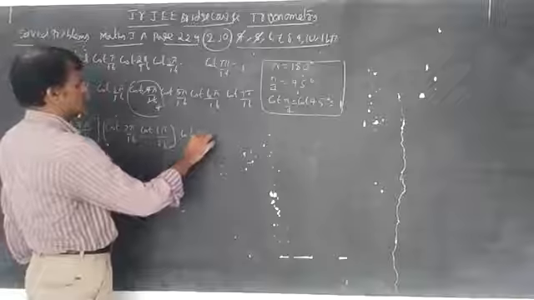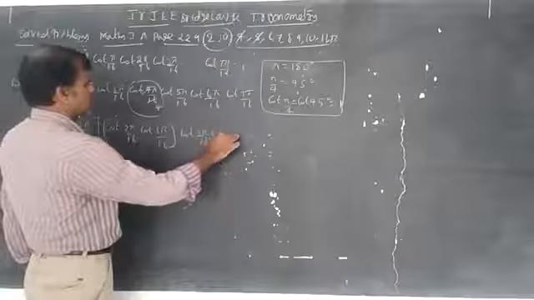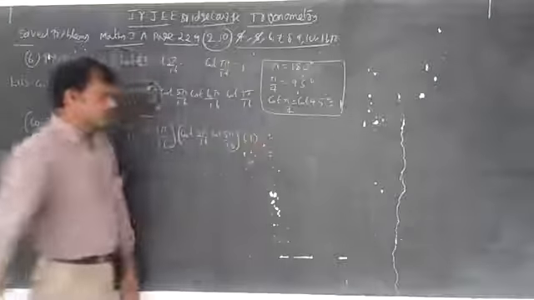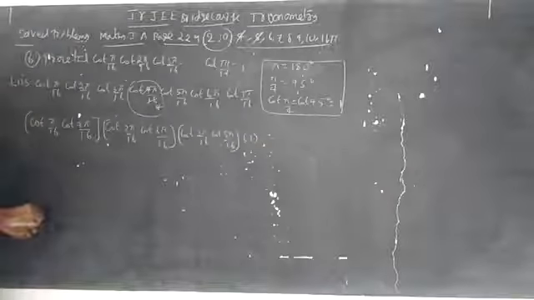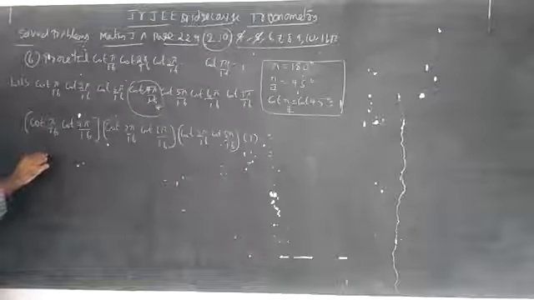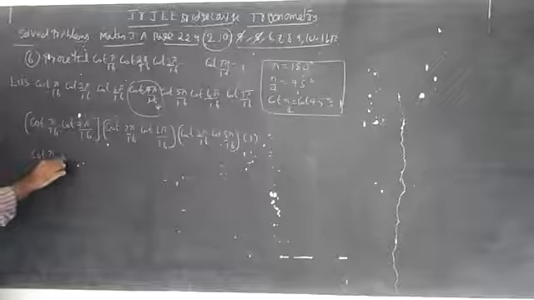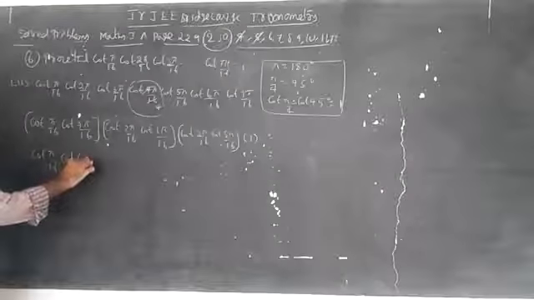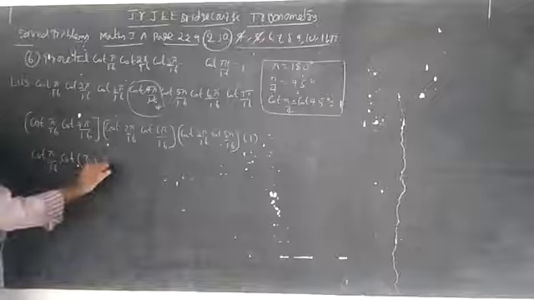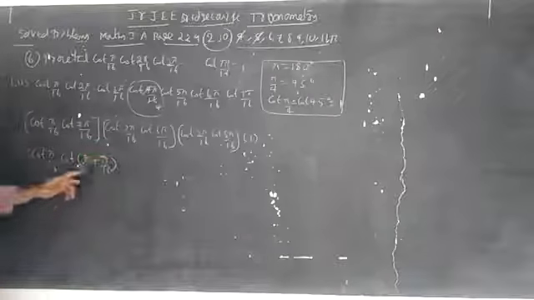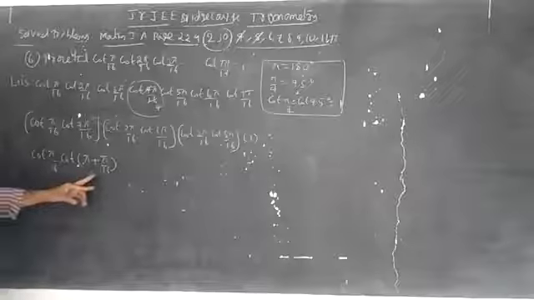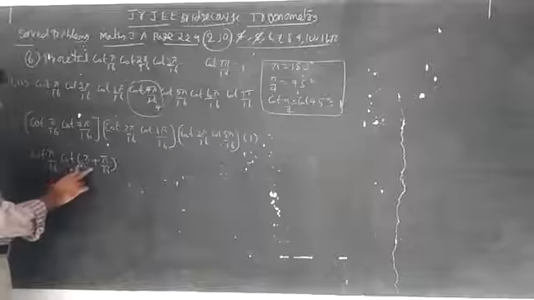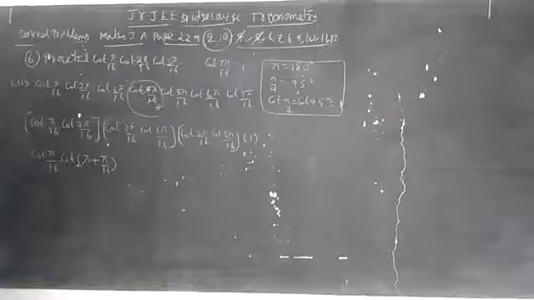Next, cot 3 pi by 16 into cot 5 pi by 16, side by side, and into cot 45, which means 1. Now we can understand using this one: cot pi by 16 into cot of pi plus pi by 16, it becomes 17 pi by 16. Cot of 180 plus theta becomes cot theta only, so cot square pi by 16.